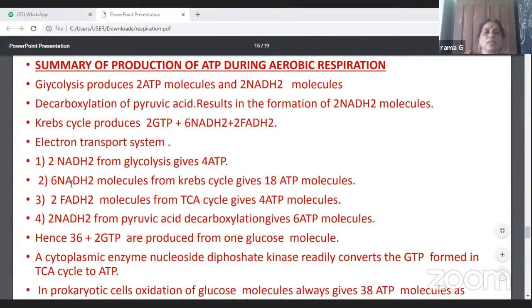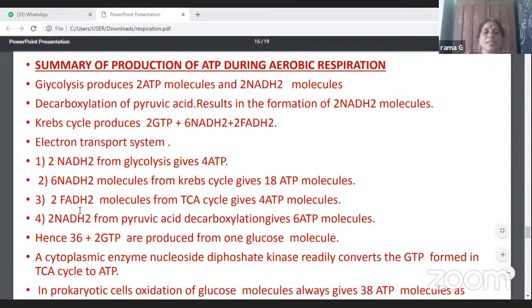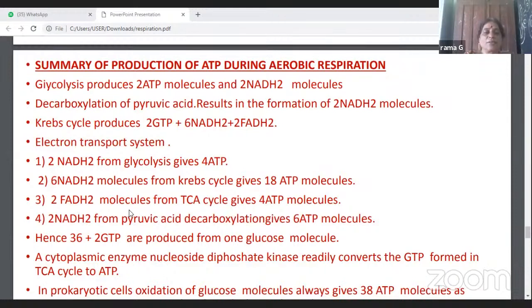So here 6 NADH2 molecules are there, which are multiplied with 3, then we'll get 18 ATP molecules during the Krebs cycle, and 2 FADH2 molecules. Each FADH2 releases 2 ATP molecules. That's why 2 FADH2 produces 4 ATP molecules. Then 2 NADH2 through this decarboxylation gives 6 ATP molecules.